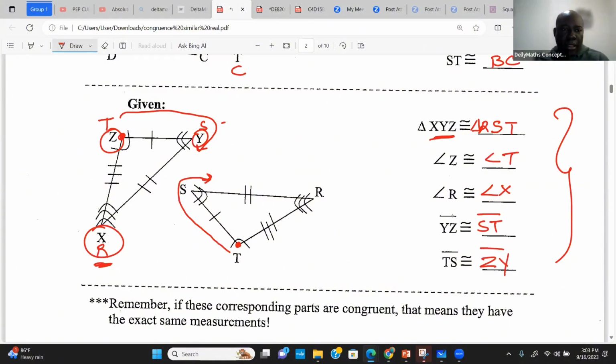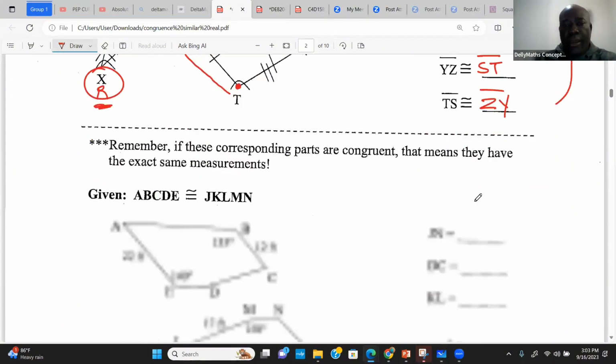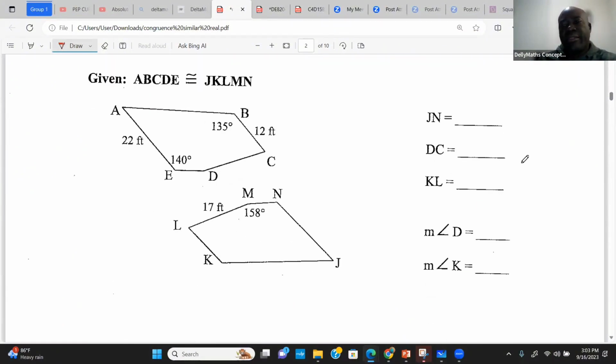So I have to follow the same order, right? So TS would be ZY. All right, so whenever we have similar ideas, quickly, questions can be asked.